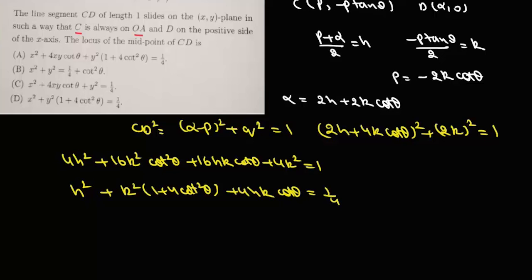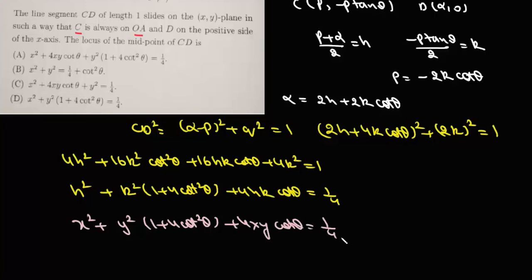And in the end, we'll replace h with x and k with y. So this equation will be x square plus y square into 1 plus 4 cot square theta plus 4xy cot theta, and it will be equal to 1 by 4. And that's your option A.